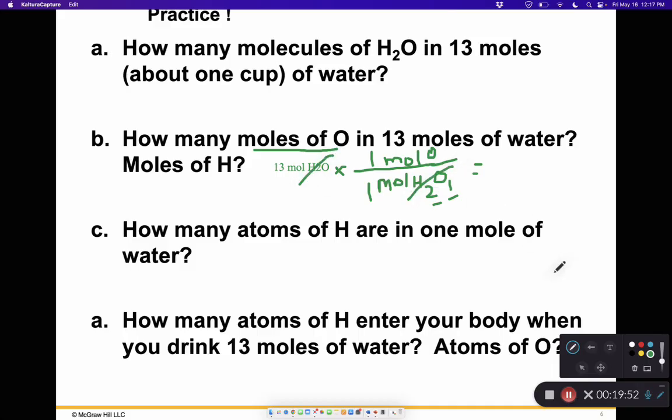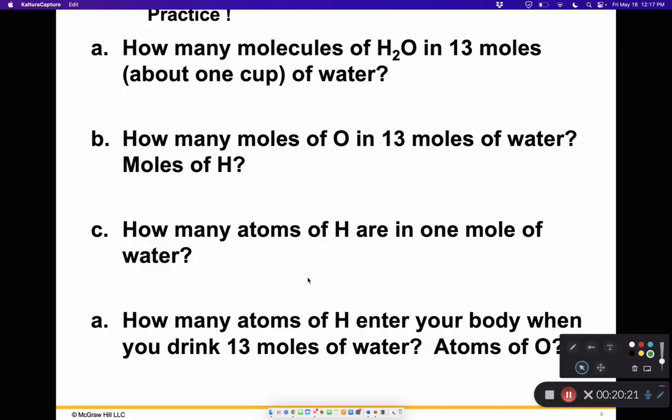So altogether I have 13 moles of oxygen. Similarly, you can work for moles of hydrogen. Since the subscript is 2 here, we will have 2 moles of hydrogen per 1 mole of water. That will be now 26 moles of hydrogen, right? That is how we work for that. Let's try the third one.